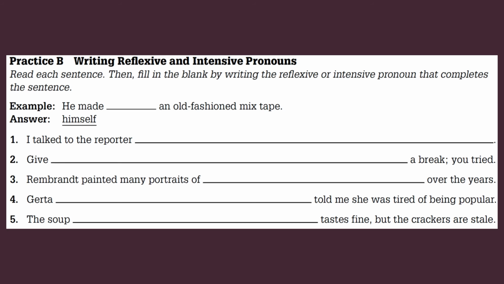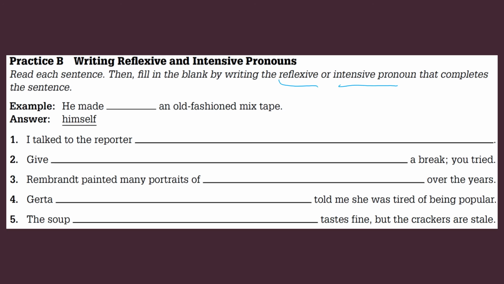All right, practice B, writing reflexive and intensive pronouns. So we have to read each sentence, then complete the blanks by writing reflexive or intensive pronouns to complete those sentences. For example, he made himself an old-fashioned mixtape, because it agrees with he. That's why it is the right answer, for male and singular.